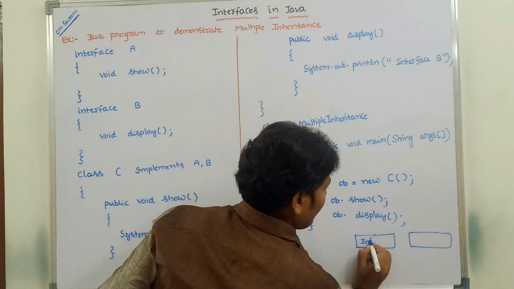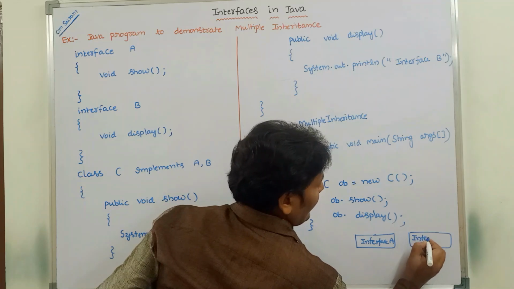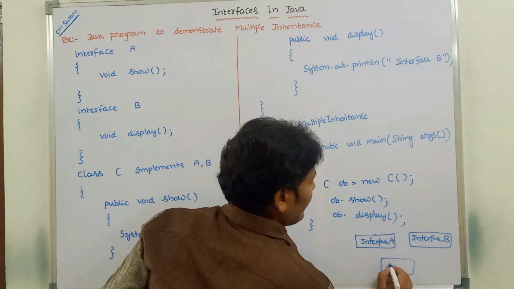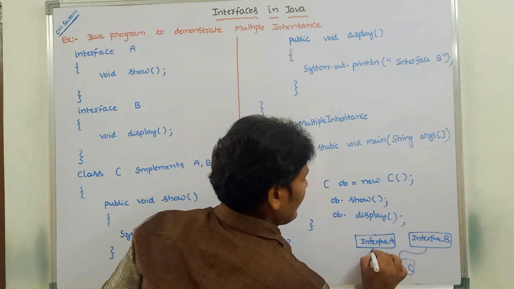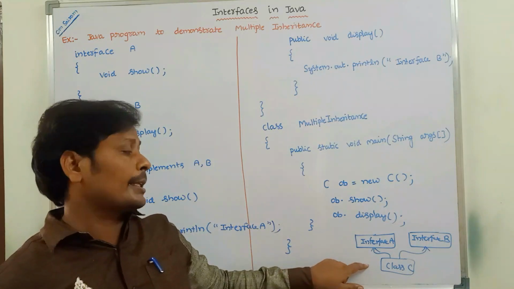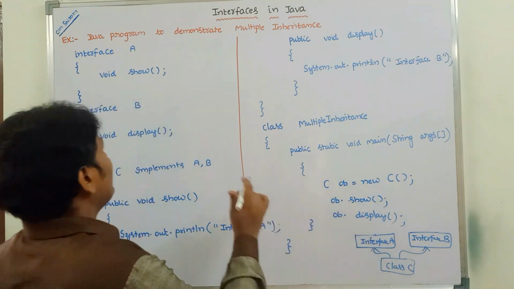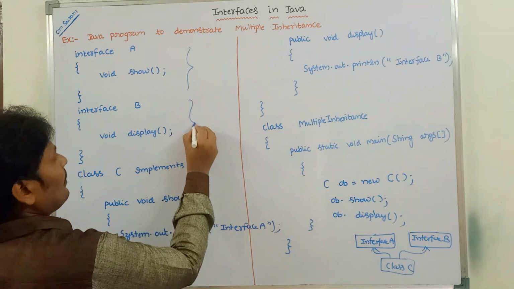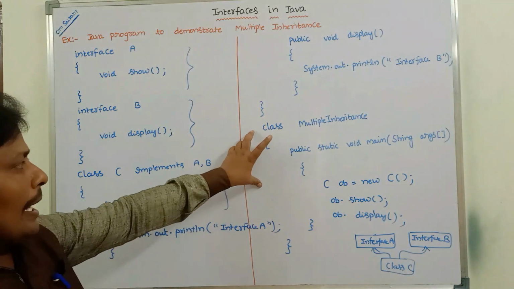This is interface A, this is interface B, and this is class C. Class C can implement whatever methods are present in interface A and interface B. This is the main class.